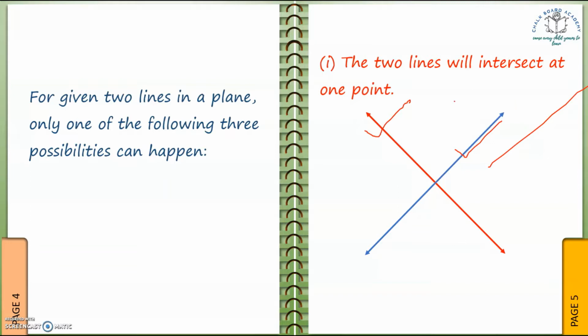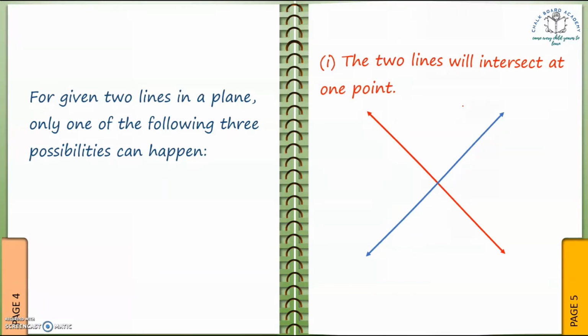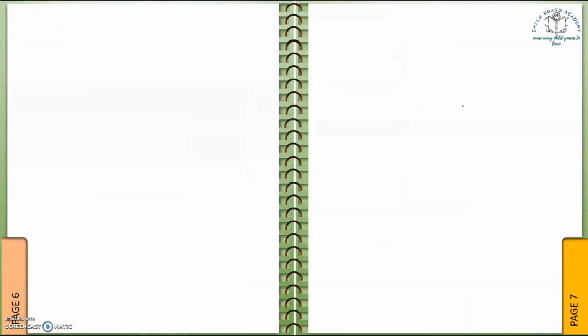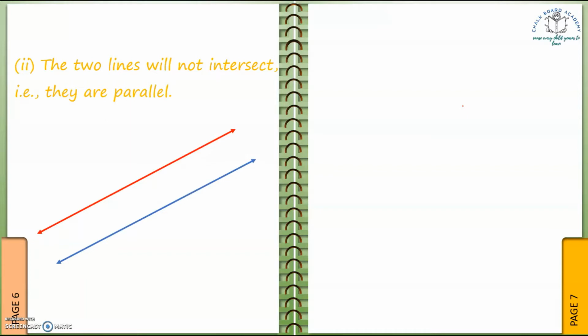Similarly, we have a second option in which these two lines will not intersect each other anywhere. So they are parallel to each other because they will not intersect each other.